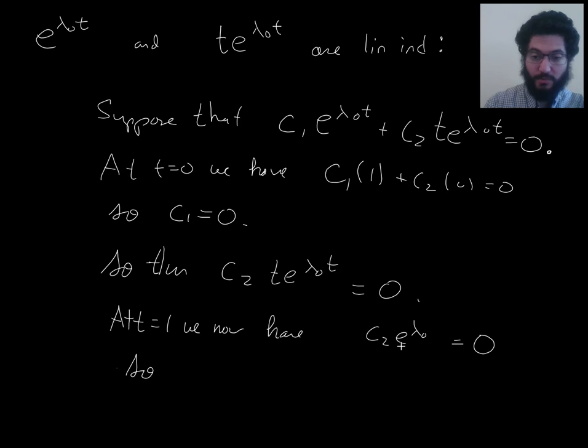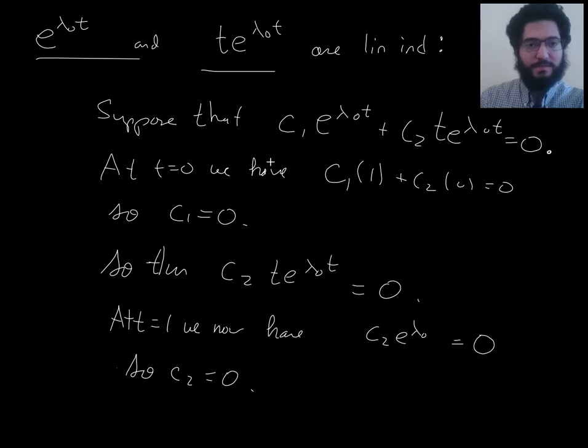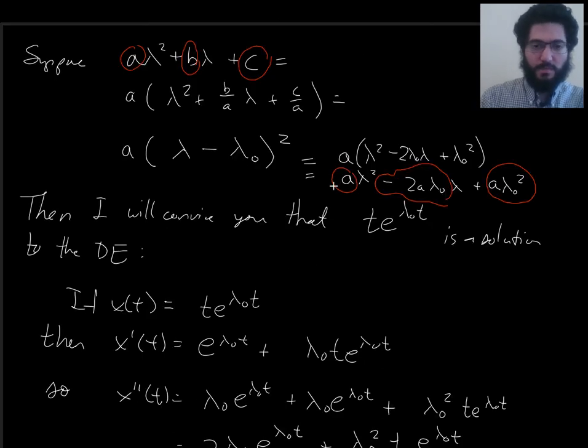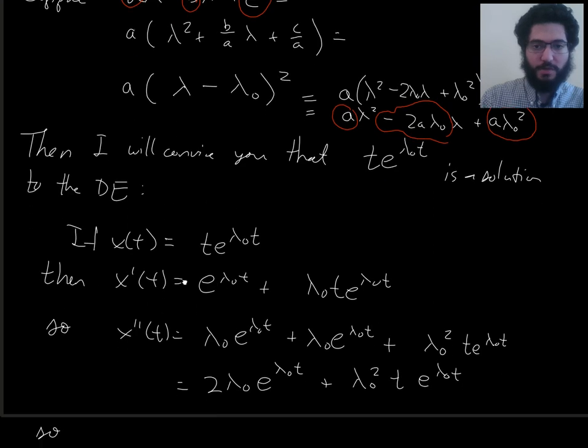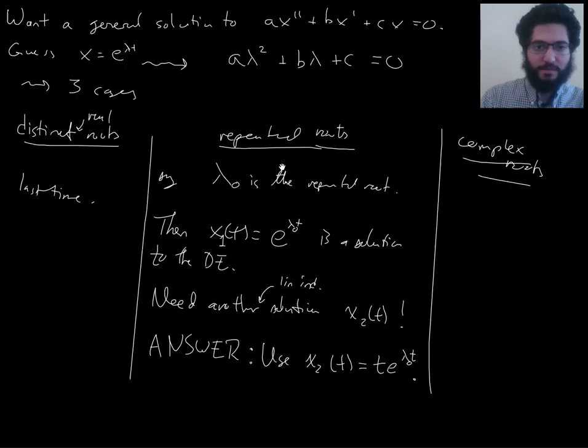So, well, e to the lambda naught is definitely not 0, right? Exponential of something is never 0, so we can divide both sides by it, so C2 is 0. Okay, so these are linearly independent. In the next video, I'll show you very quickly an example of this idea and how you might use it to approach an initial value problem.